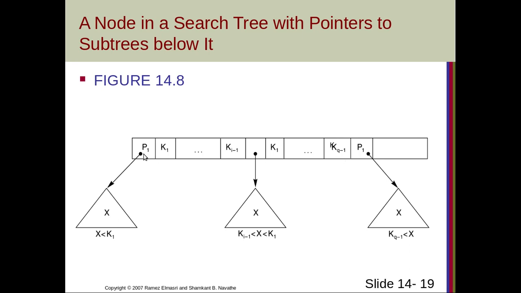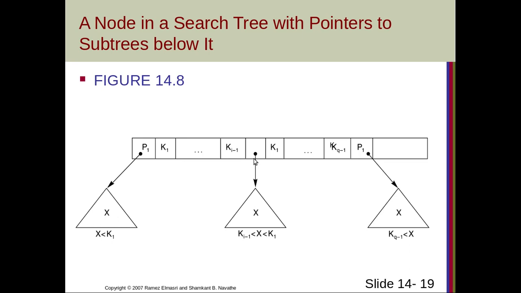That means here P1 is pointing to a subtree in which every key value is less than K1. So here you have P1 and here you have K1. In that subtree every key value should be less than K1.